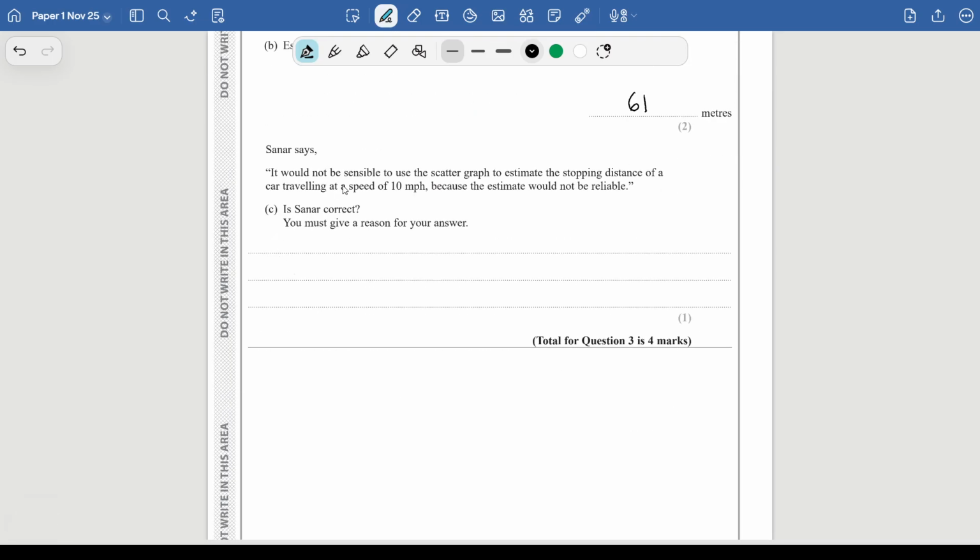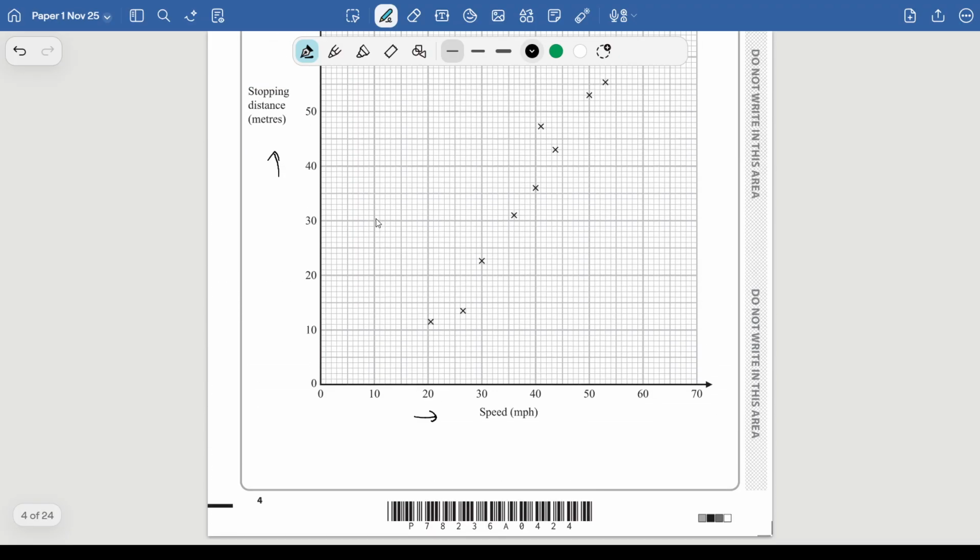Sanar says it would not be sensible to use the scatter graph to estimate the stopping distance of a car traveling at 10 mph because the estimate would not be reliable. Is Sanar correct? You must give a reason for your answer. So Sanar thinks that if we are trying to estimate the stopping distance for a car traveling at 10 miles per hour, somewhere here, the answer would not be reliable.